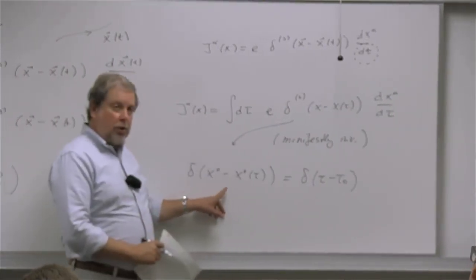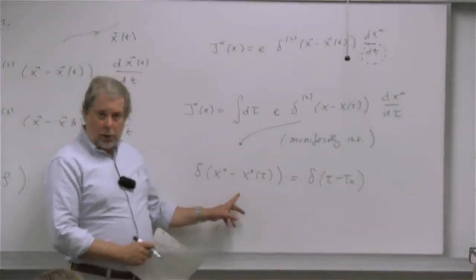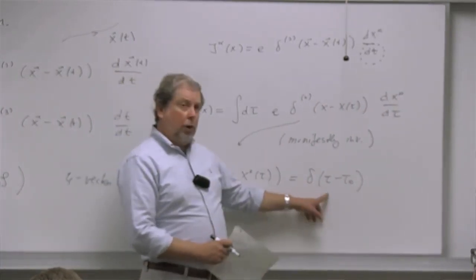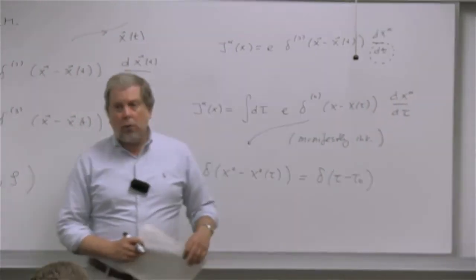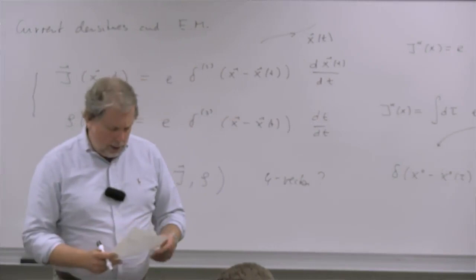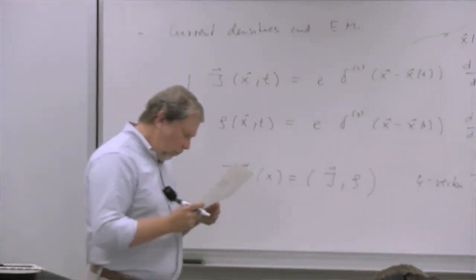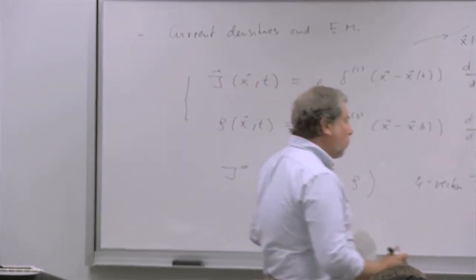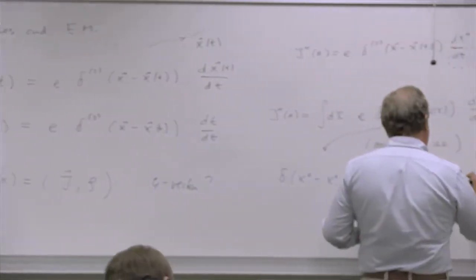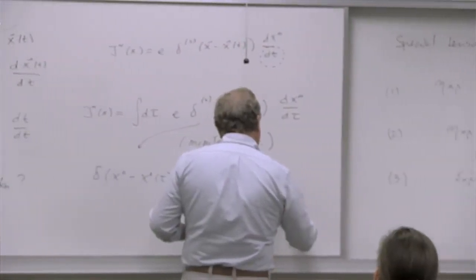But we change the variable, therefore, to the x naught, which is the time, if you wish, to the proper time. But we know that when you do a change of variable in the delta function, you pick up a factor of, remember this, dt by d tau.